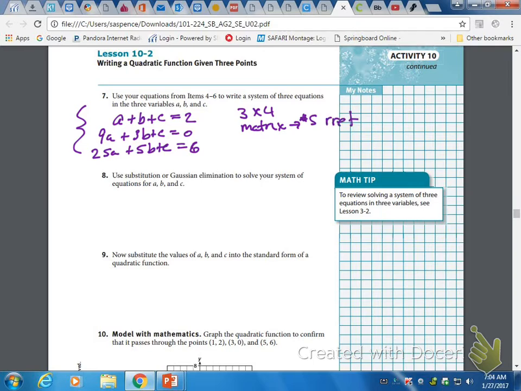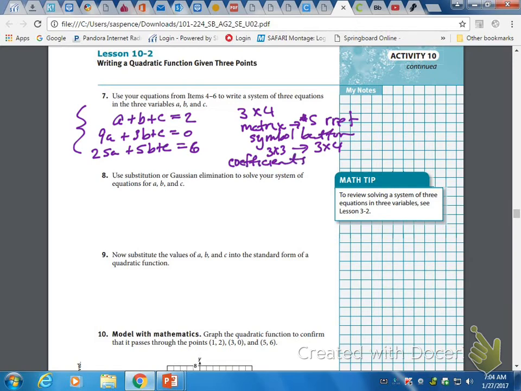Don't forget you still have your worksheet from last semester on how to work those steps. And then once you go to RREF, you have to go to your symbol button. Change that 3 by 3 to your 3 by 4. And remember, when you enter in your data, all you enter in are the coefficients.